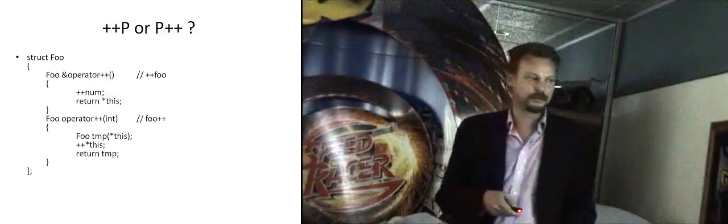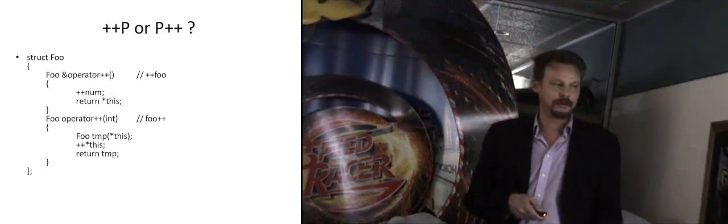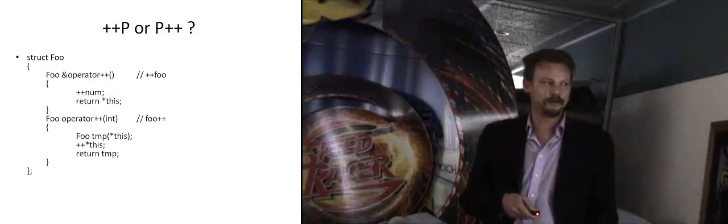If we use post-increment, we can't return a reference, and instead we have to make a temporary copy of what we currently are, then increment ourselves using the pre-increment, and then return the temporary value via value semantics. This is more expensive than this.